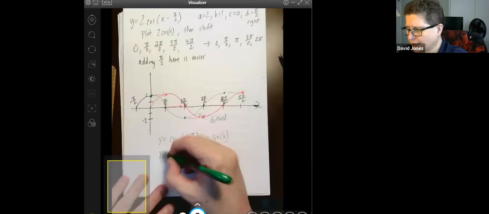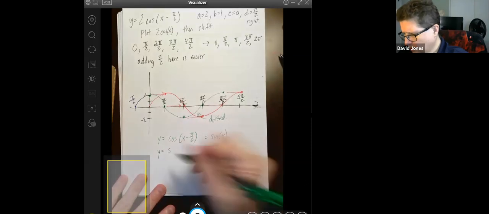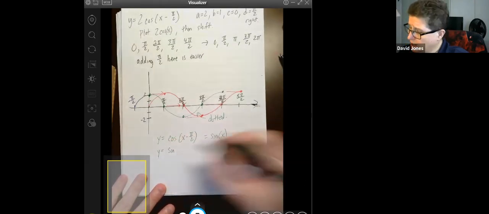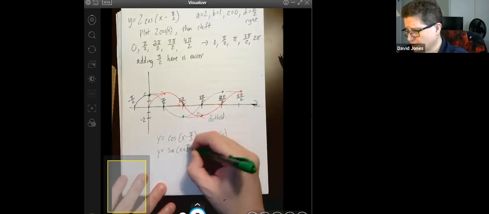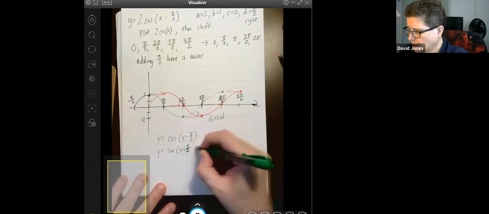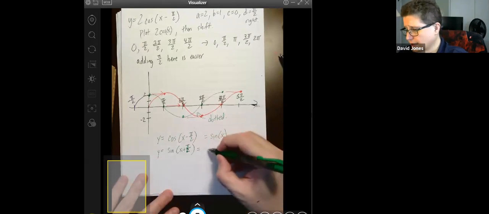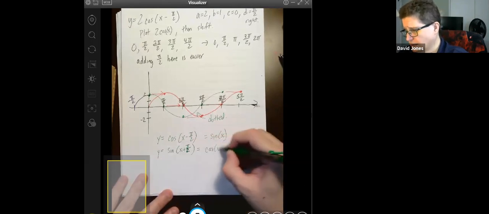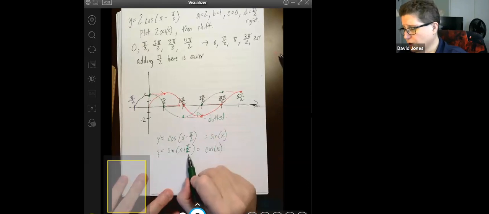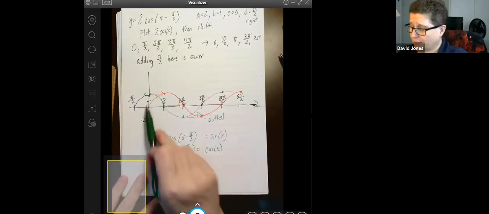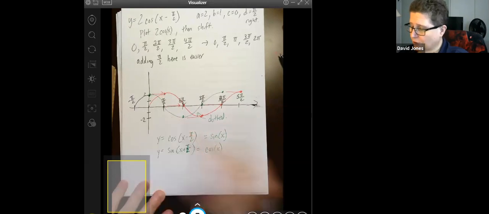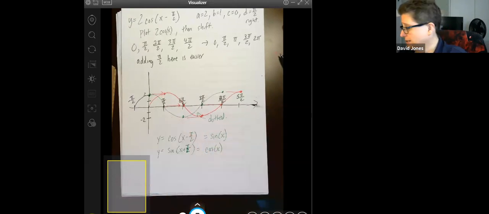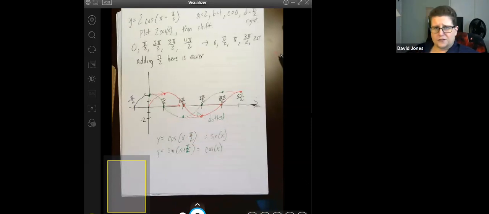Similarly, you'll find we could also do sine of x plus pi over 2 equals cosine x. The plus pi over 2 says we're going to shift left. So when we have it here, we shift it left. This is sine. It would go back there and would look like cosine. Sine x and cosine x are just phase shifts of each other by pi over 2.